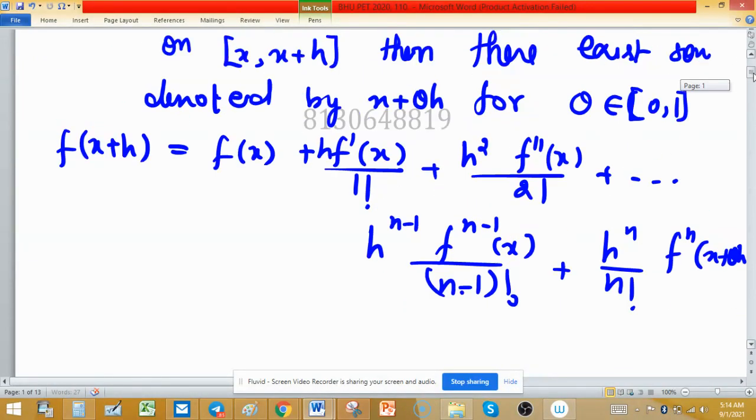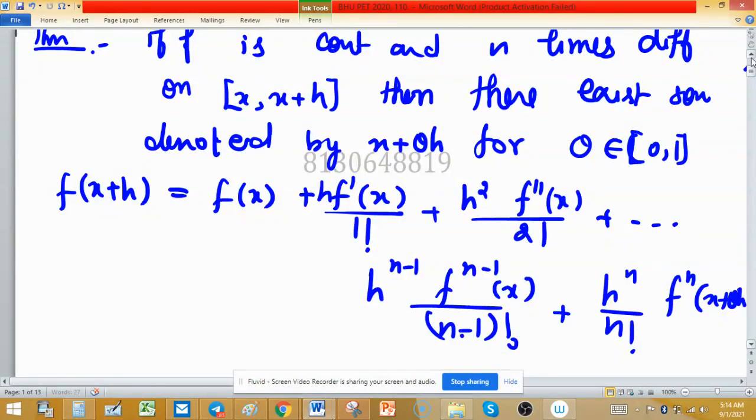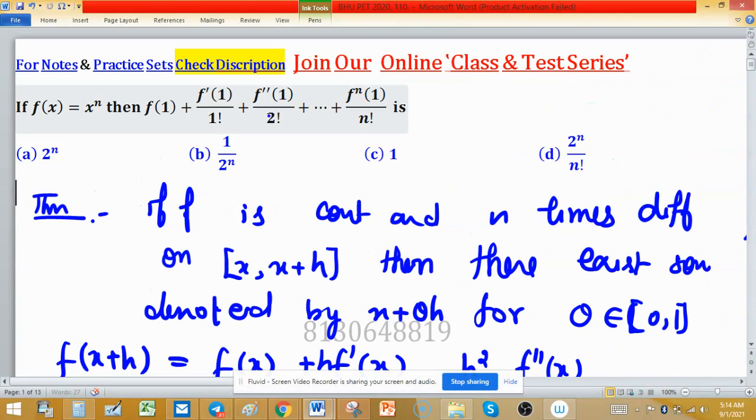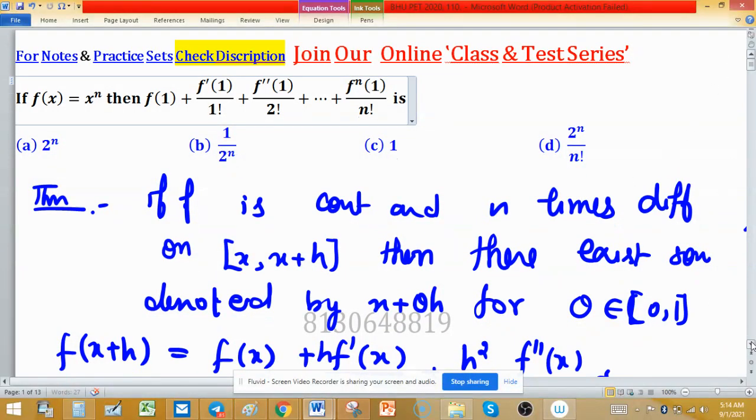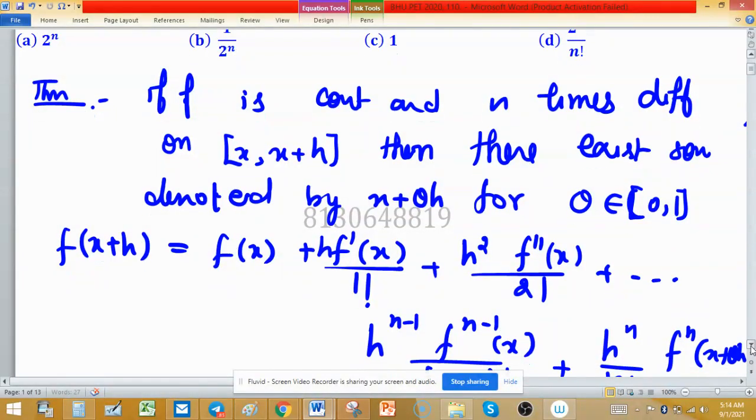This is the last term. And we have to find the value of this expression, as you can see in the question. So if I put h equal to 1, then I will get the structure as asked.